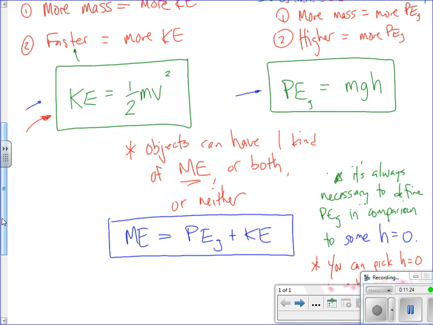Okay? The units for energy, well, let me see. If we take the 1/2 mv squared, well, the 1/2 doesn't have units. Mass is measured in kilograms. V is measured in meters per second, but it's V squared, so it's meters squared per second squared. Well, those are the units of energy, the kilogram meter squared per second squared. That's one way to do it.